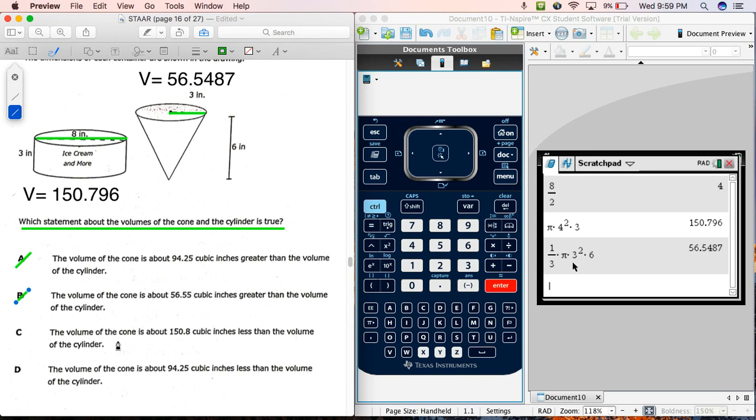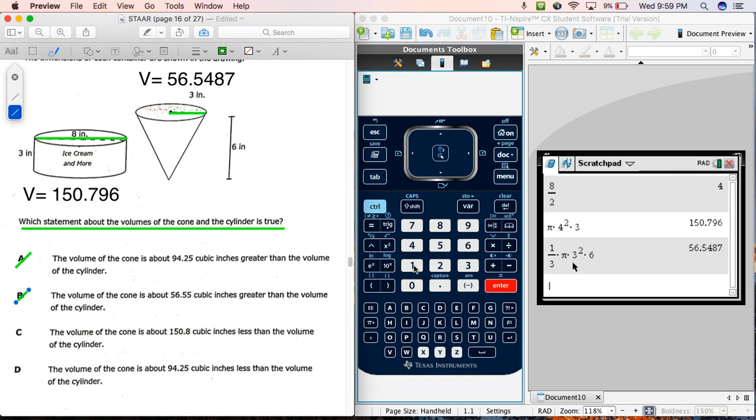Okay. Now, just by looking at it, I know that the volume of my cylinder is 150 already. So how can the volume of the cone be 150 cubic inches less than the volume of the cylinder? There's no way. So let me show you what I mean.